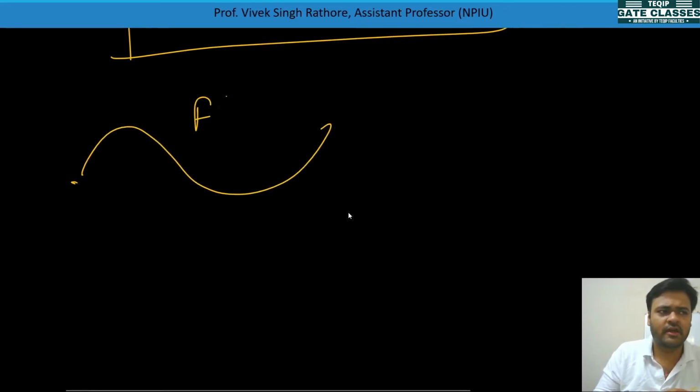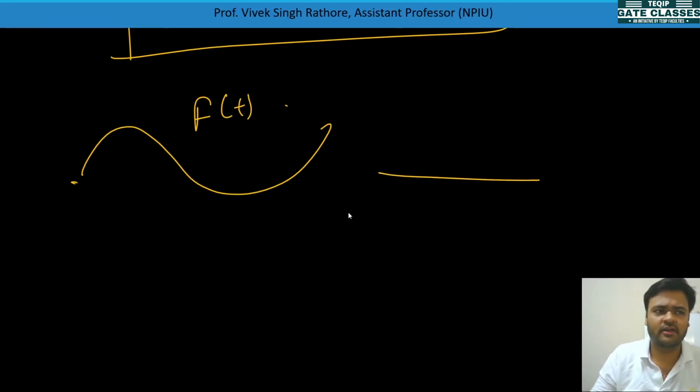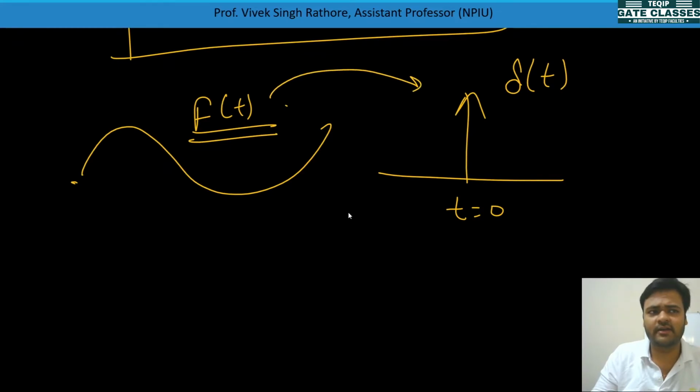Now one thing: whenever we multiply any signal with our unit impulse, what actually happens? Suppose one signal is there, and we multiply f(t) with delta t, which is at t equal to 0. What happens if we multiply any signal with delta t?